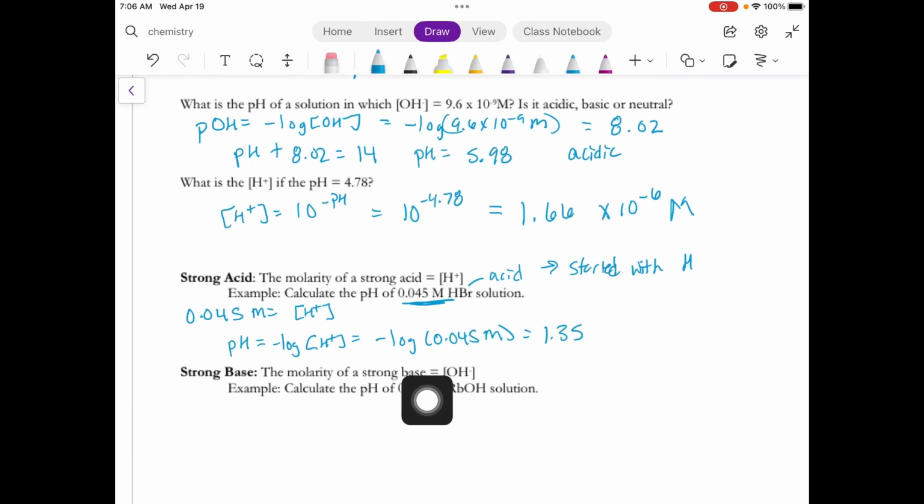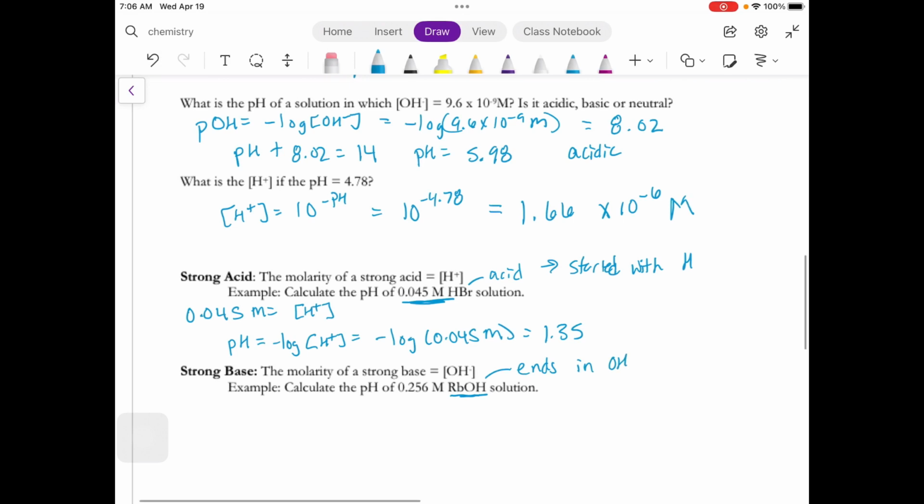The molarity of a strong base is equal to the OH. So we're going to calculate the pH of that one. It ends in OH, and that tells you it's a base. That means the OH concentration is 0.256 molar.